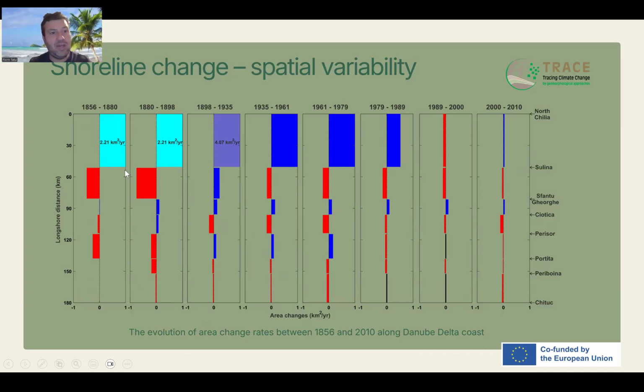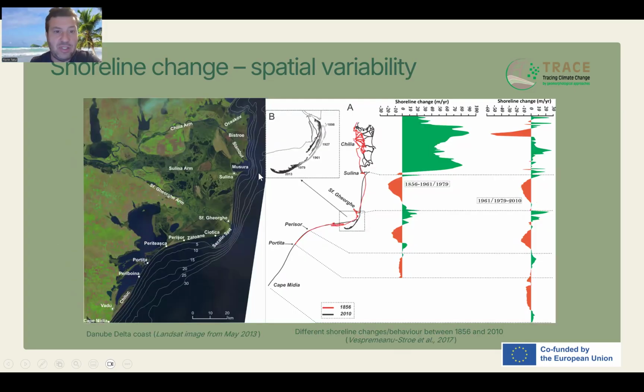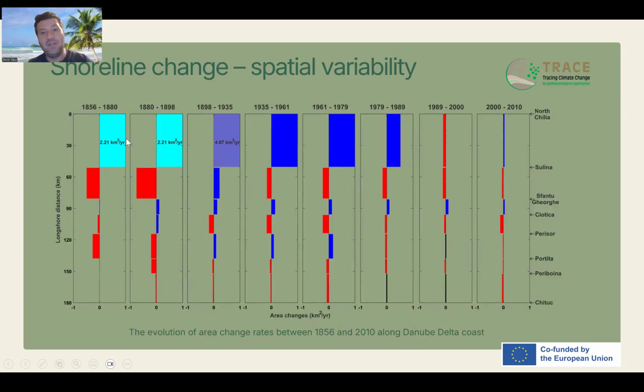Also, another type of result, if you have many shorelines, you can track along the shore. You can track the dynamics of the shoreline, and you can see, for instance, in this area, Kilia, that after a long period, like 100 years of accumulation, the accumulation decreases, and instead we have erosion, because basically we do not have enough sediments from the Danube because of the construction of dams in the whole Danube basin.